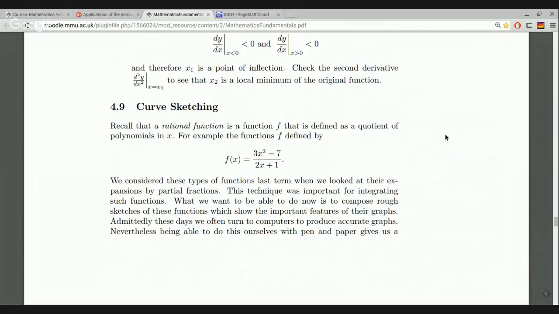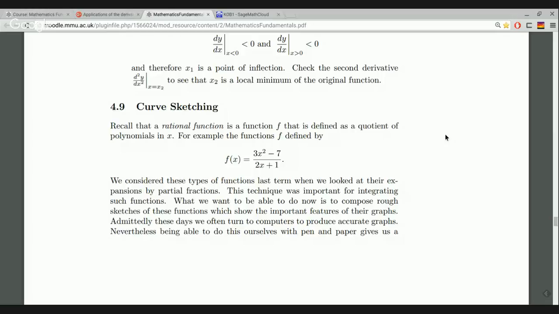Despite having all those tools available to us, I think it still is useful to be able to do it by hand without a computer, just because it gives you a number of ways to think about the function. It's still important to have those skills and be able to interrogate the formulae and pick out interesting features about it, rather than just offloading it to the computer all the time.